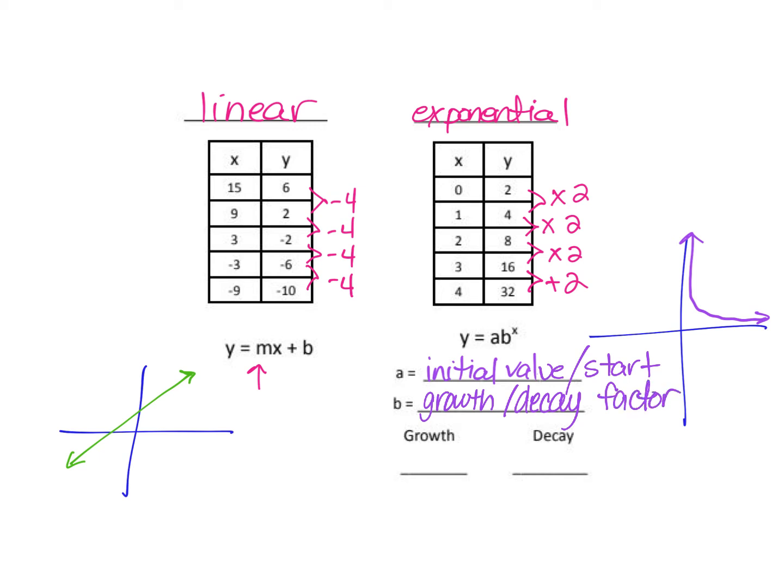So when we have growth, b is going to be greater than 1, while decay would be between 0 and 1. So in this case, we're looking at a fraction or a decimal.